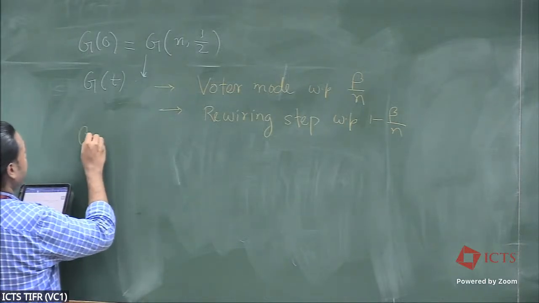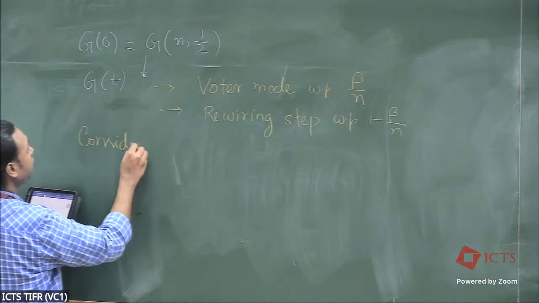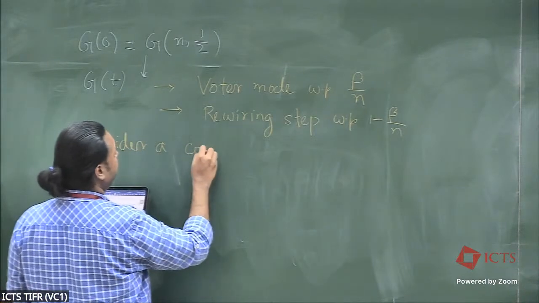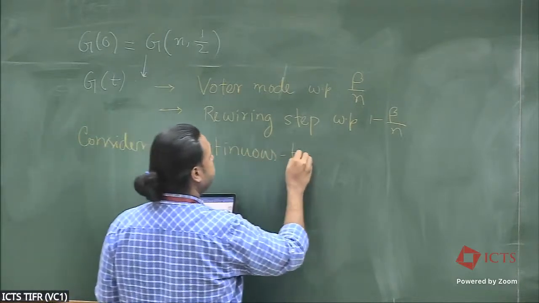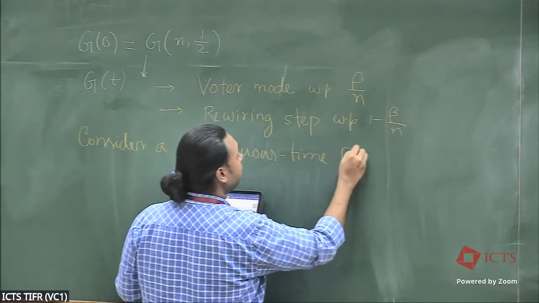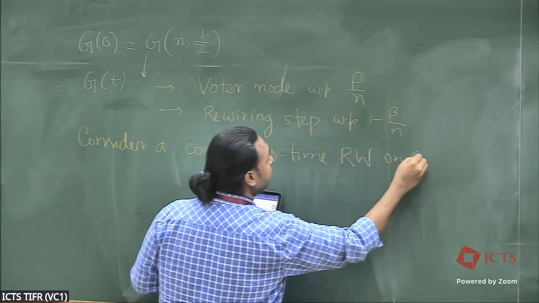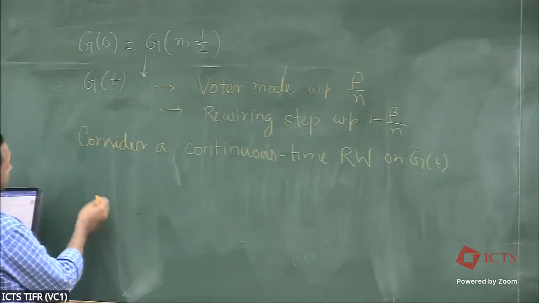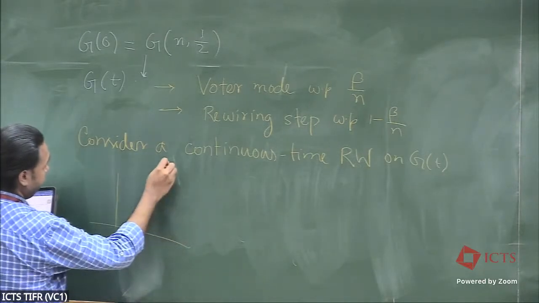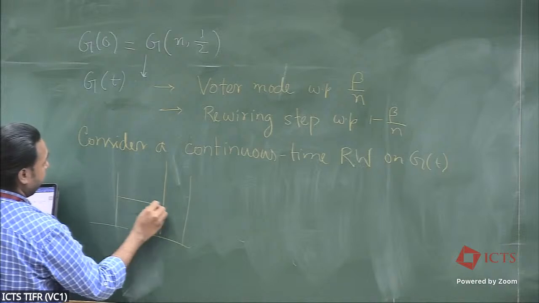So consider a continuous time random walk on GT, which is defined as follows. Suppose this is your graphical representation.